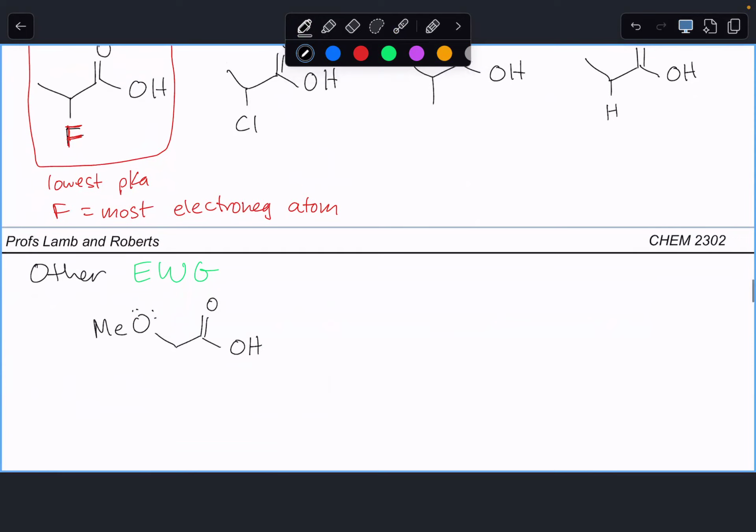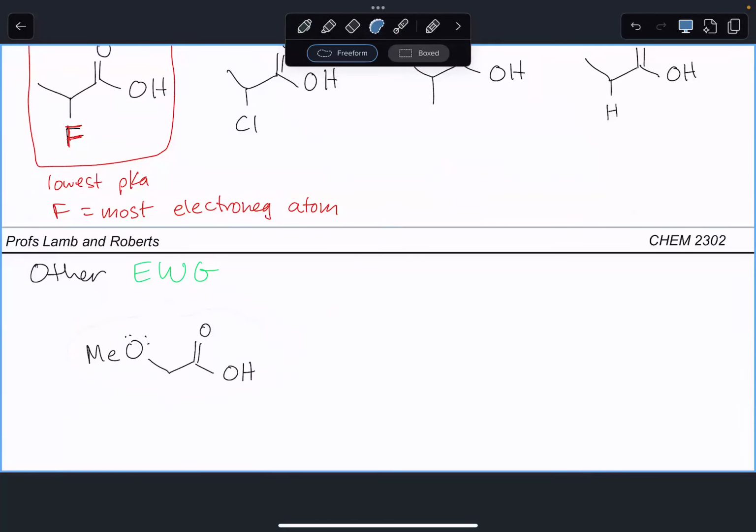But this is different because we do not have the same types of resonance donating, right? This is all induction. And so this oxygen is an electronegative atom that's pulling electron density towards itself. The other way to think about it is this molecule has a dipole that's going in that direction, right? We're pulling electron density away. We have that dipole in that direction.